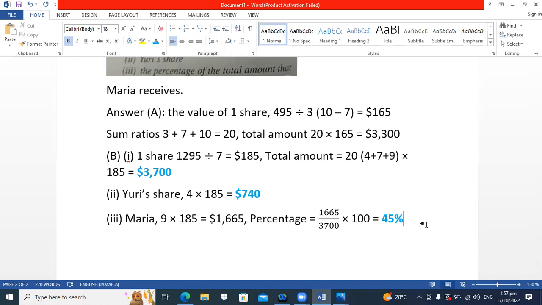Ratio, not true? Yes. So I want you guys to read through it. You have some practice questions. The answers are at the back, and you practice on your own. Okay?